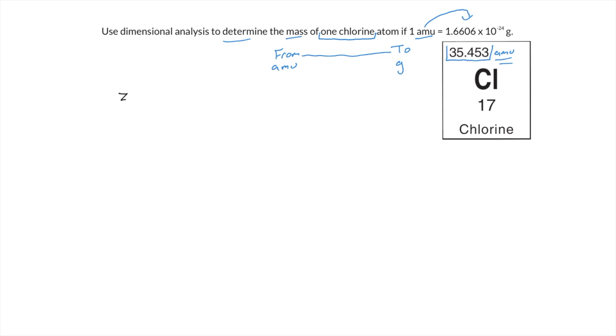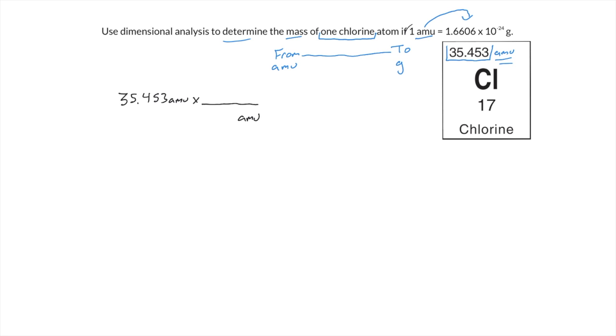So we're converting 35.453 AMUs, not grams, AMUs for chlorine, 1 atom of chlorine, and converting that. We know in dimensional analysis our objective is to cancel out our units. So AMUs must go on the bottom.